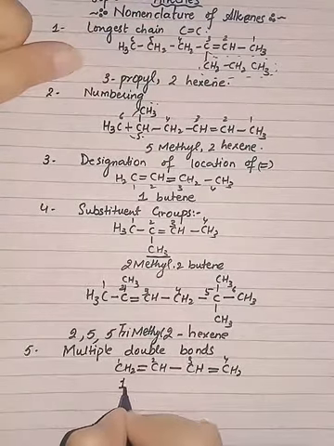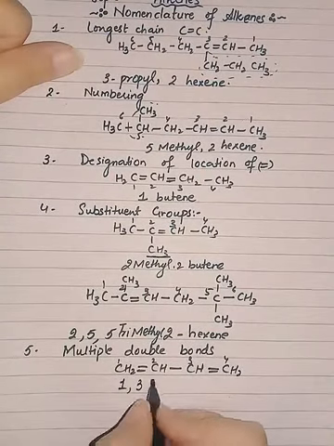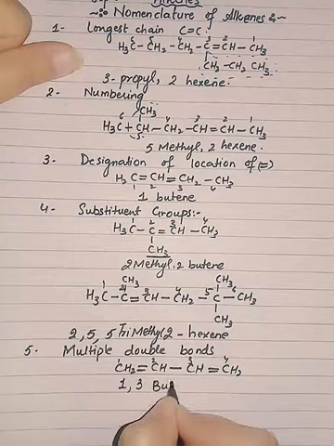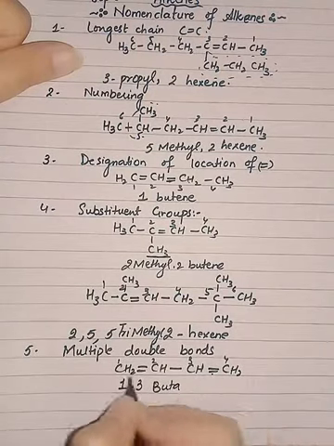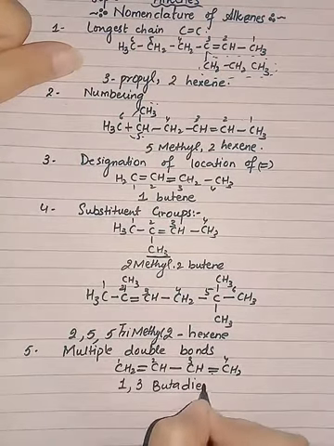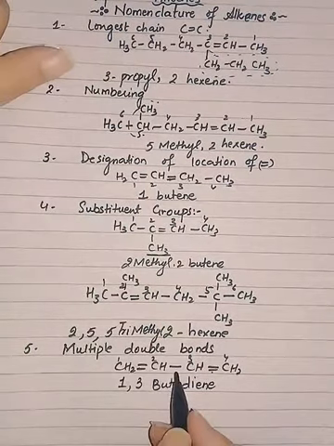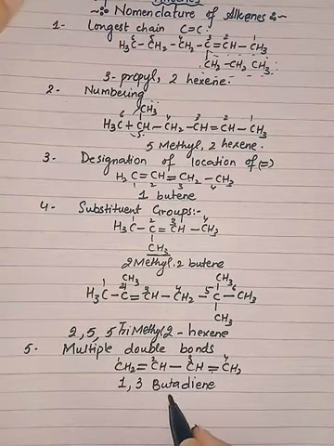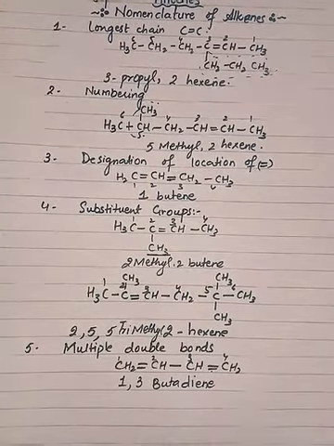It will be 1,3-buta. Since there are 2 double bonds, it will be diene. If there are 3 double bonds, it will become triene, and so on.